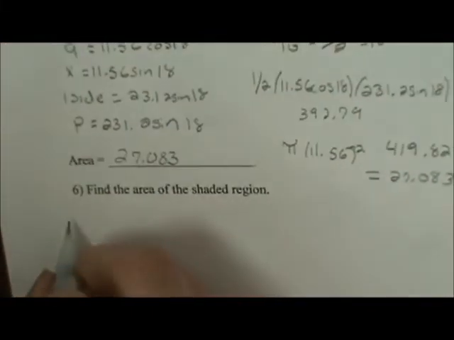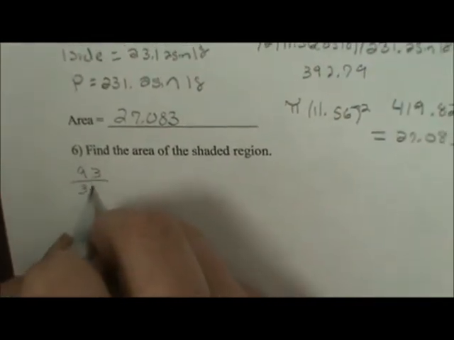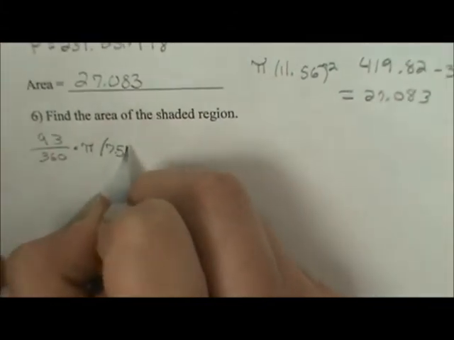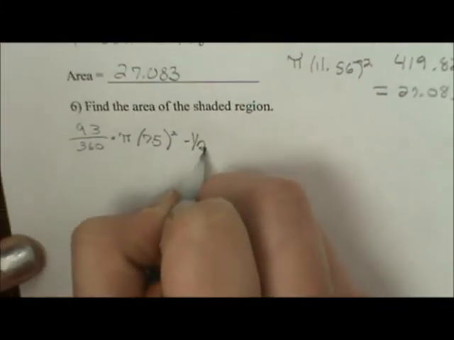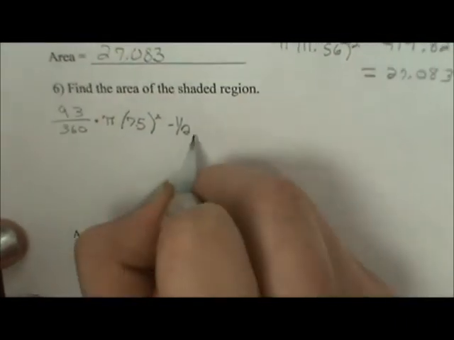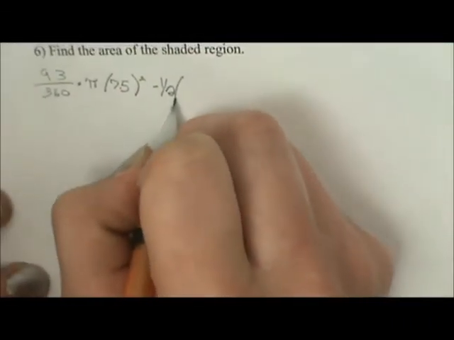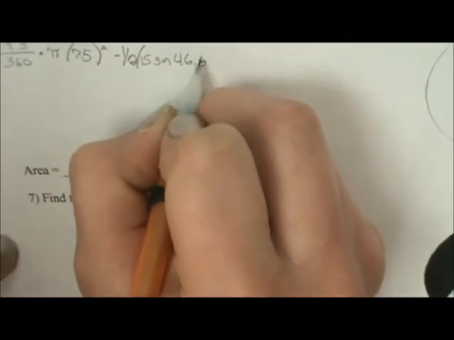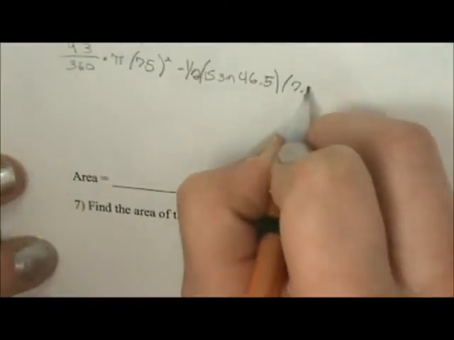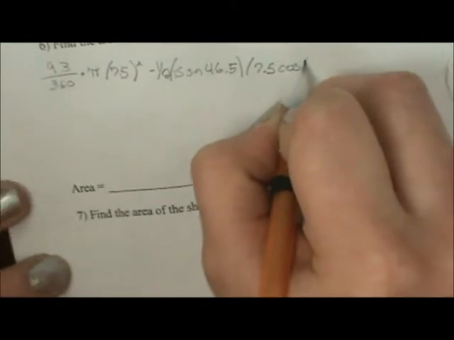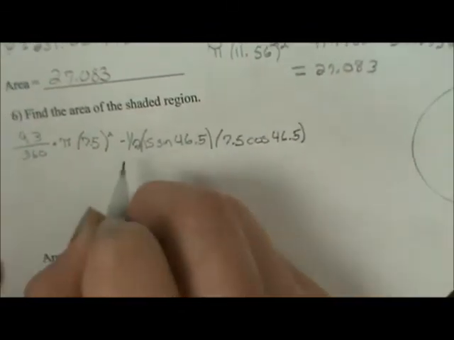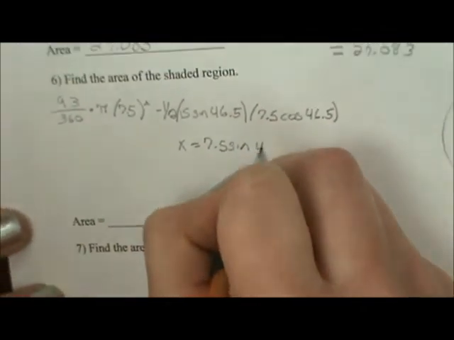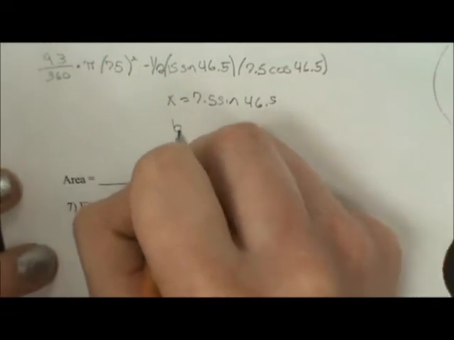Number 6, find the area of the shaded region. You have 93 over 360 times pi times 7.5 squared minus half times 15 sine 46.5 times 7.5 cosine 46.5, and x equals 7.5 sine 46.5.